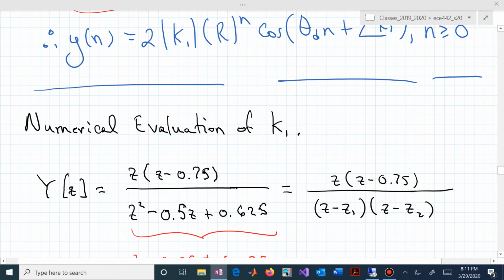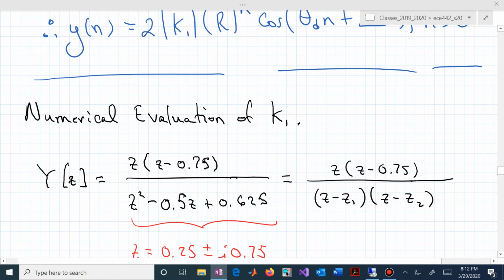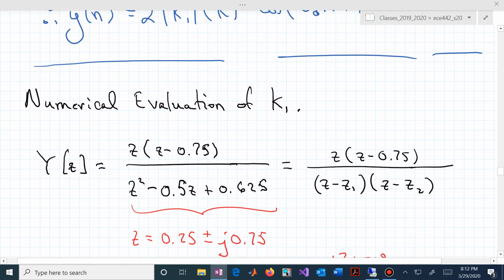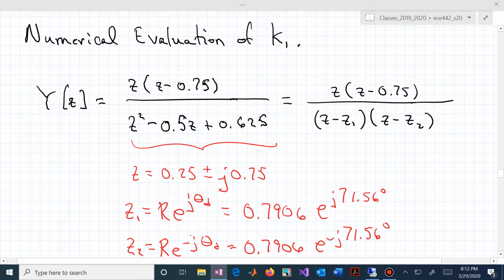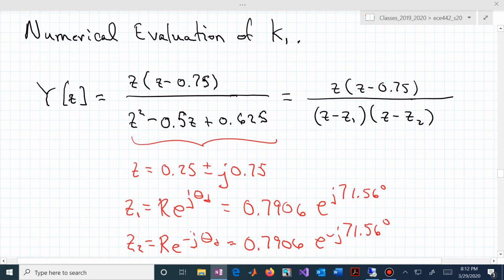We had Y of z as this ratio of polynomials in z. We're now going to write z1 and z2 as the two modes, or the two roots of the quadratic that has complex roots. z1 is in the first quadrant, and z sub 2 is in the fourth quadrant.